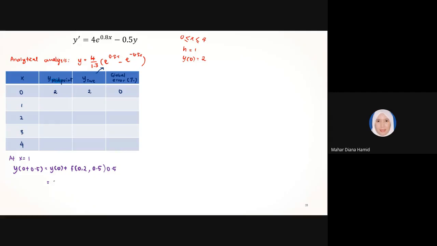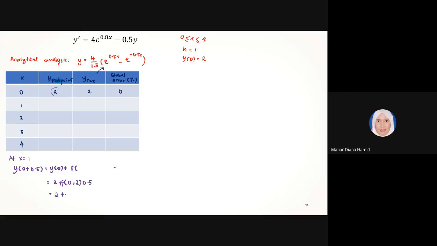So this is 2 from this value here. 2 plus, so you just substitute 0 and 2, f of 0 and 2, 0.5.